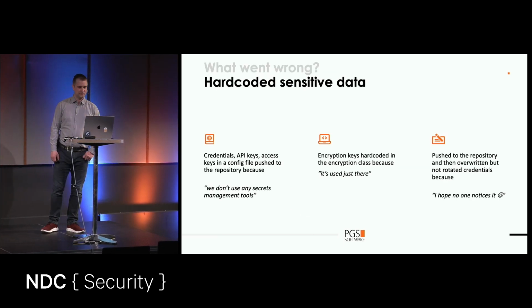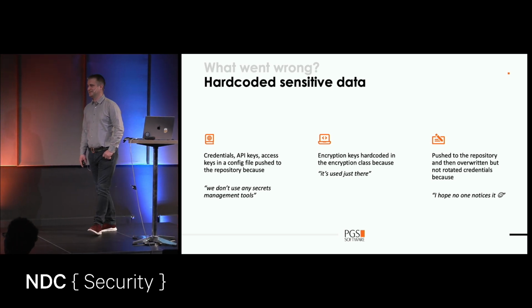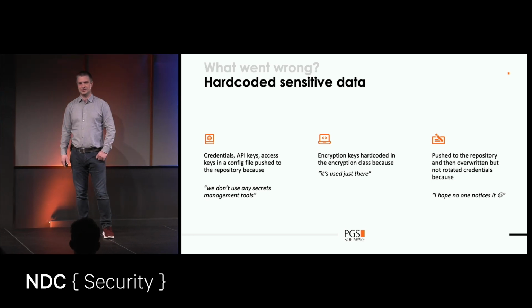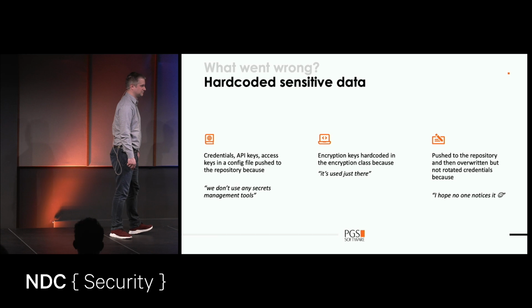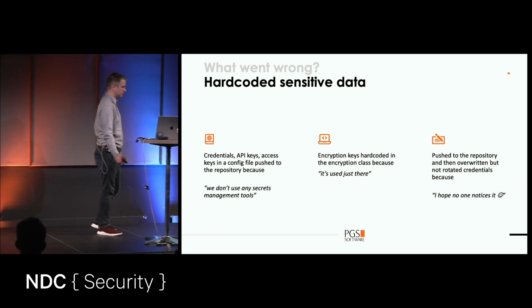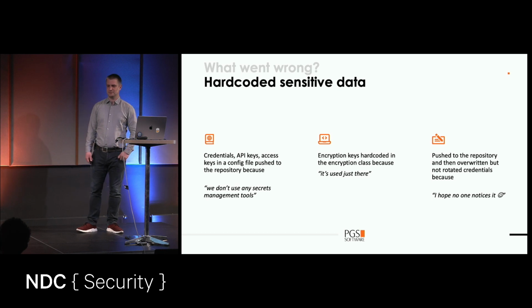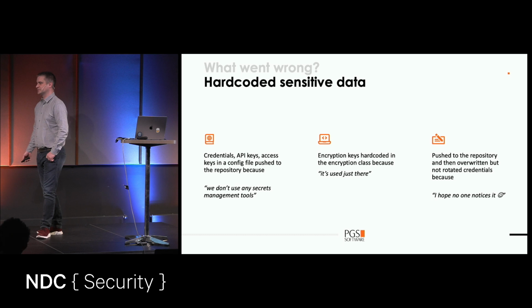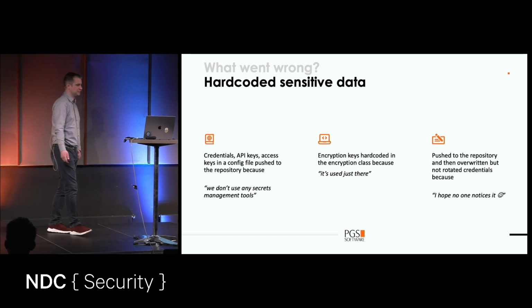What went wrong here? First of all, do not hard code any sensitive data into your source code. There are other, better ways to store passwords, to store keys. You don't have to put them in your config files stored next to your classes, etc. And if you say that you don't use any secrets management tools, secret managers, password managers, etc., just start doing it because you need it.